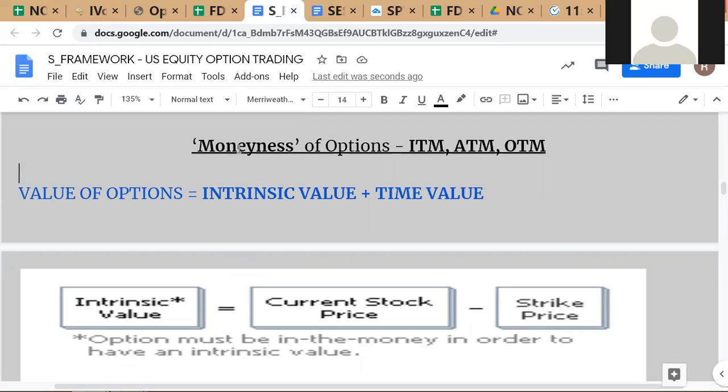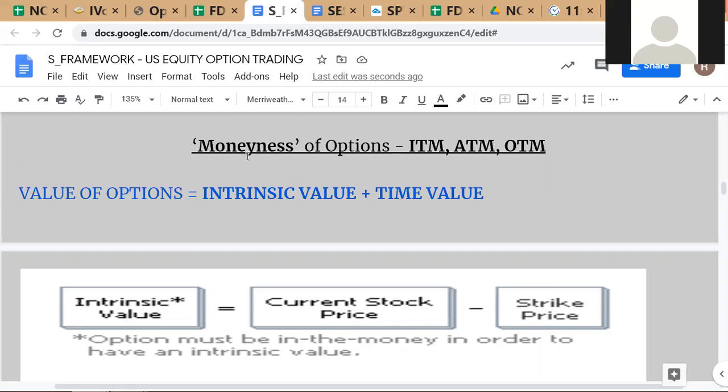Make sure you have a list of those concepts and go through it as a checklist: I understand what moneyness is, I understand what intrinsic value is. You can express it in your own language. You don't have to memorize the language, but it's important to understand conceptually what it is.